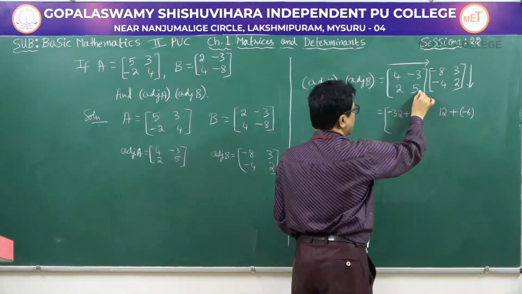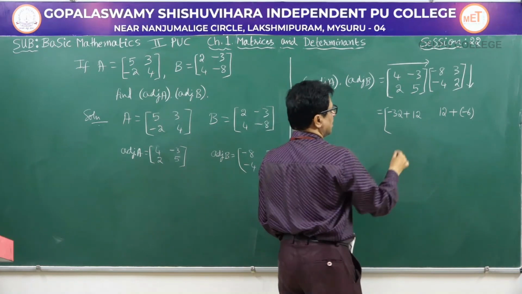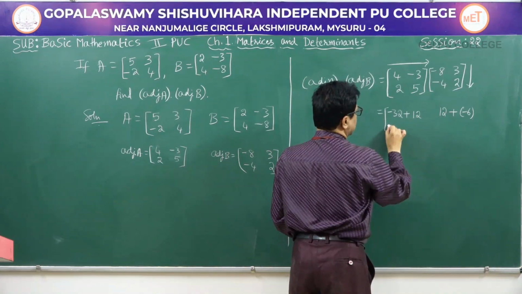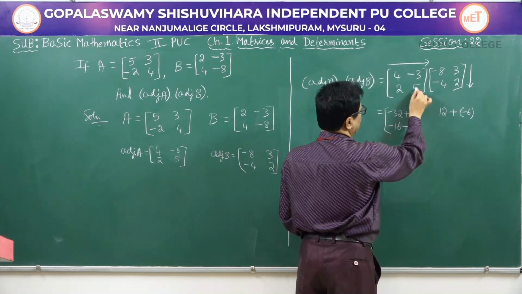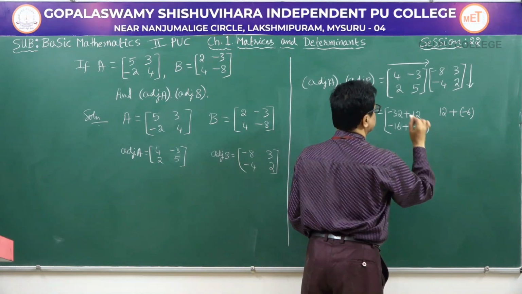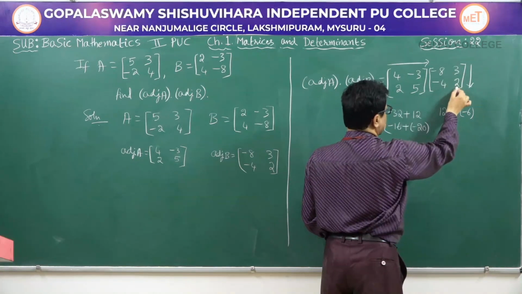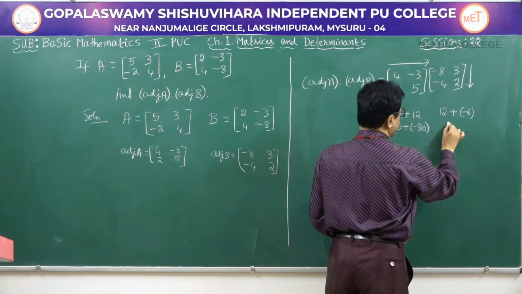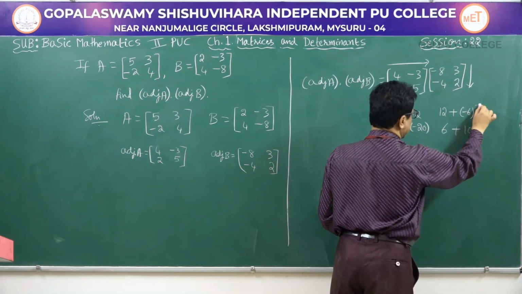Next, second row into first column. 2 into minus 8, minus 16, plus 5 into minus 4 is minus 20. Next element is second row into second column. 2 into 3, 6, plus 5 into 2 is 10.